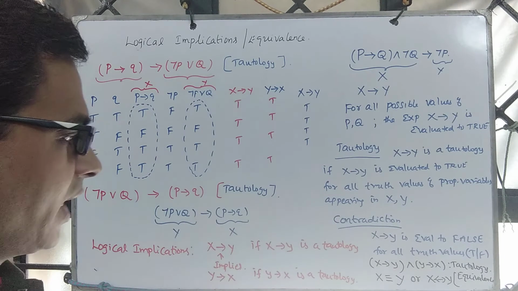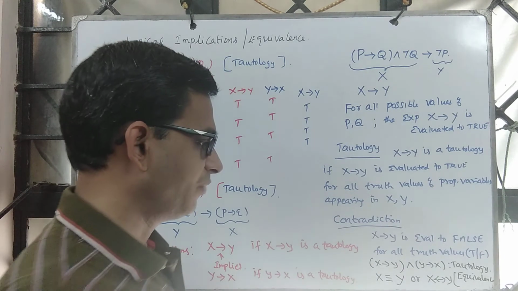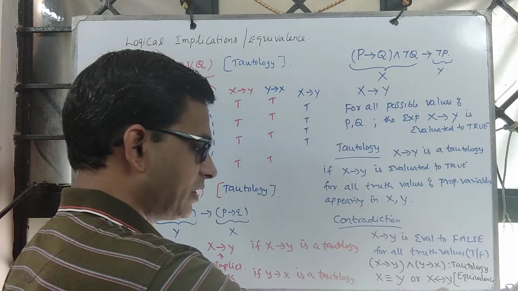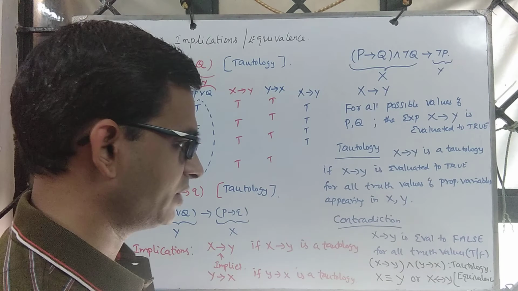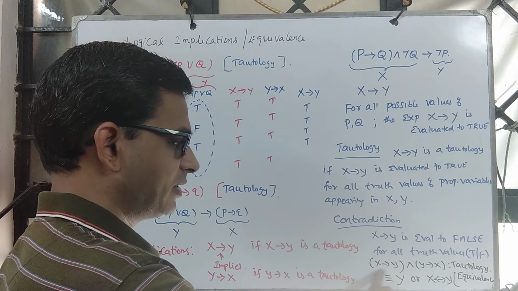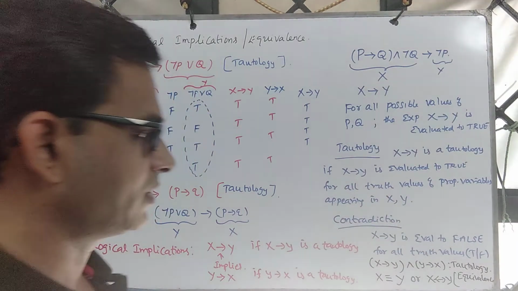So we say two expressions are equivalent when X biconditional Y is a tautology, or you see that X implies Y and Y implies X is true.